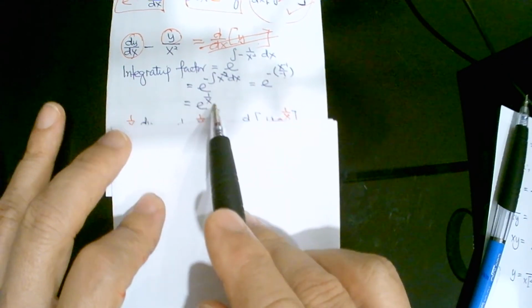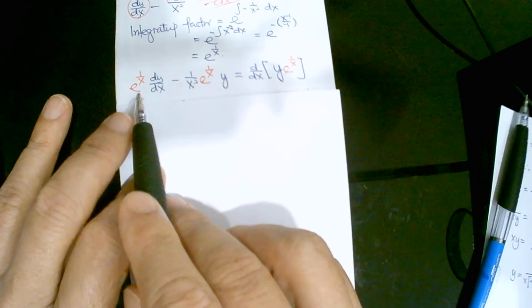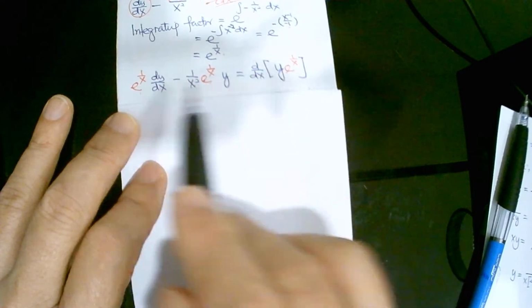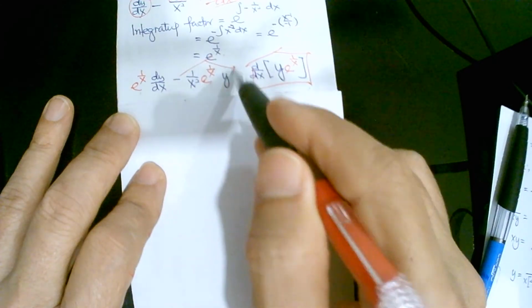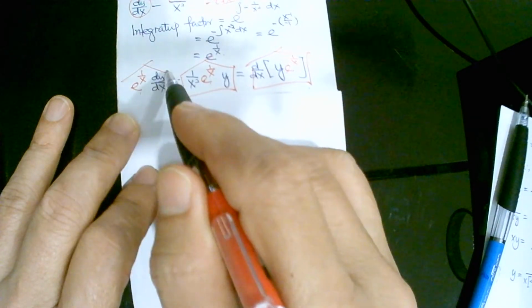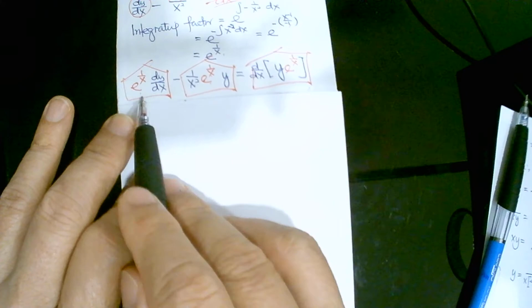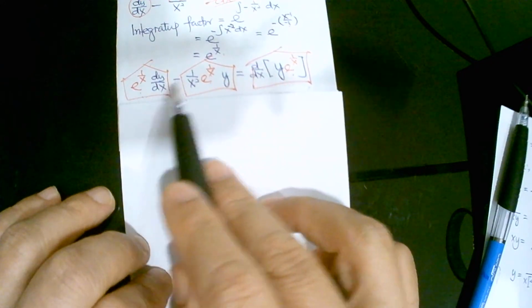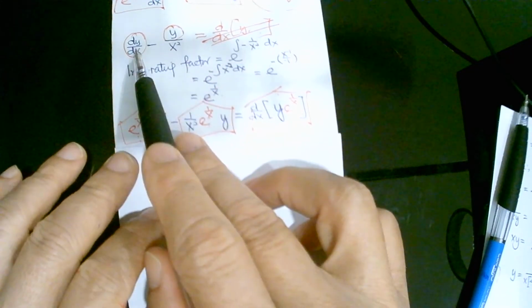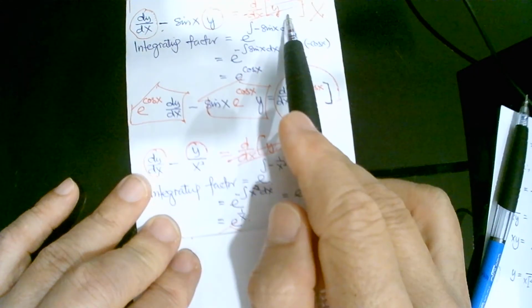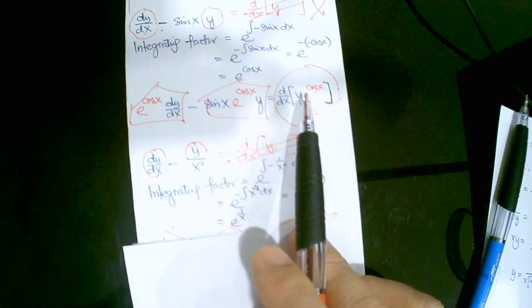So it's e to the 1 over x. So I put down the integrating factor. Then you can combine. You see, that is why the integrating factor is so important, so that we can combine. Without the integrating factor, we cannot combine. Even though this is linear, you cannot combine without the integrating factor.